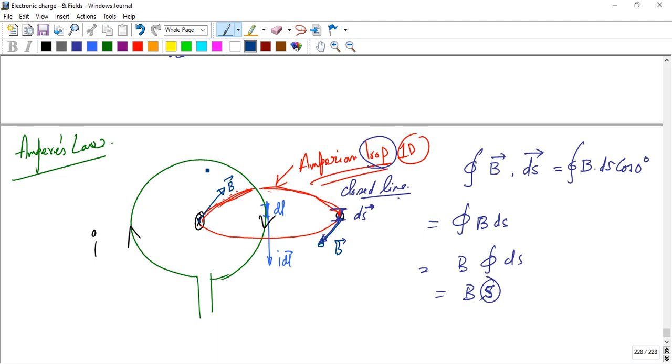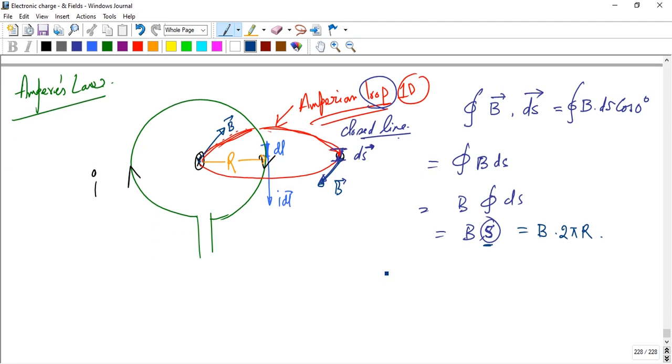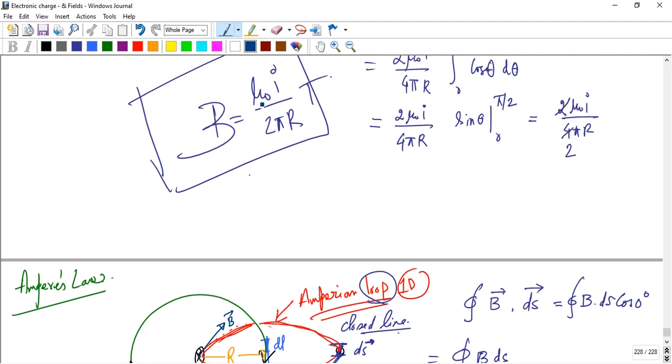If I choose the center of this green loop, with radius called capital R, this is a circular loop, so s is replaced by 2 pi capital R. We get B times 2 pi R from this expression.